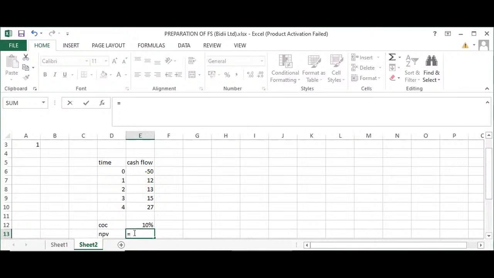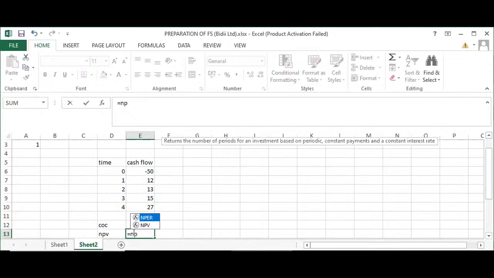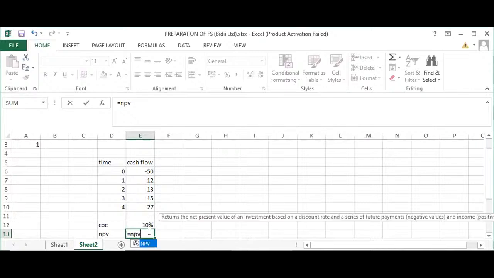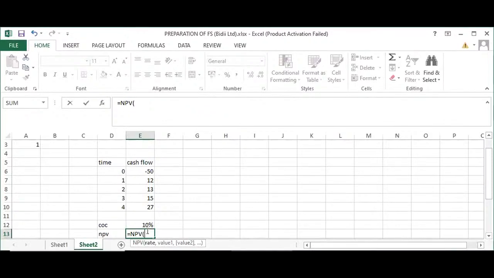You write NPV. Double click the one that is down there, the blue one. Double click. Great.